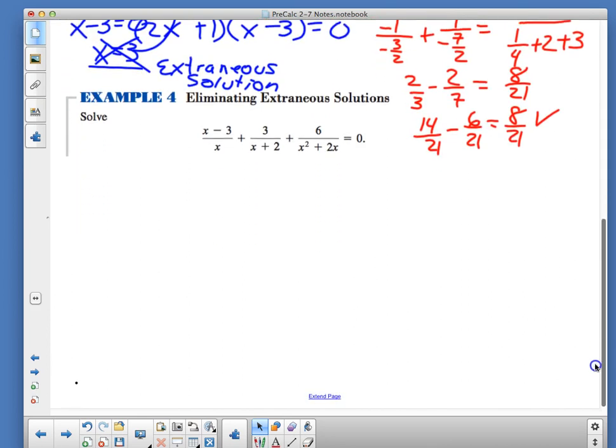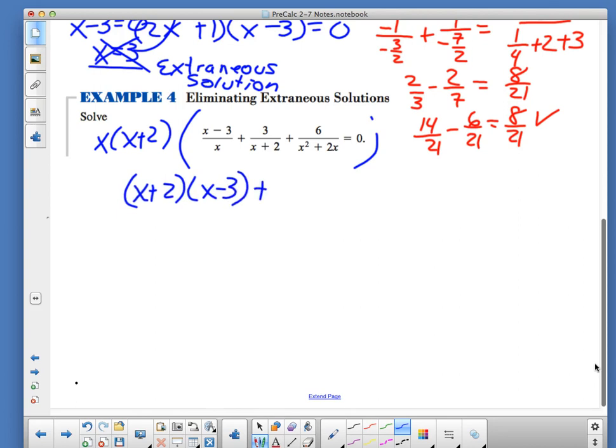So let's do number 4. And in problem 4, we're looking at the idea that I've got x plus 2, and x squared plus 2x. So now I'm going to multiply both sides by x times x plus 2. Okay, and doing this, I've got x plus 2 times x minus 3, and I got 3x, because the x plus 2 knocks out, and then plus 6.